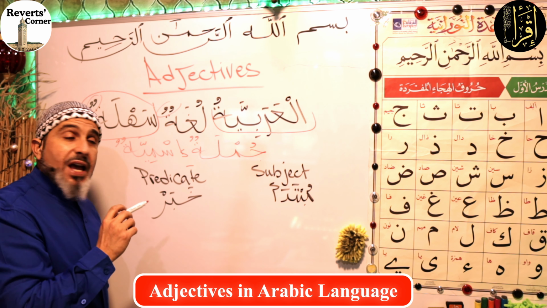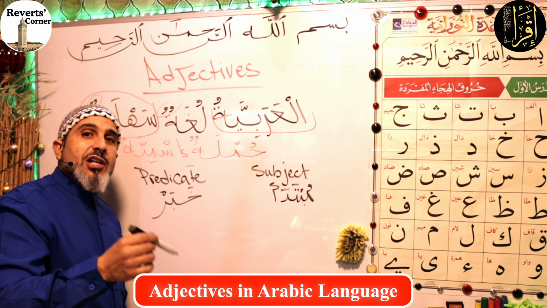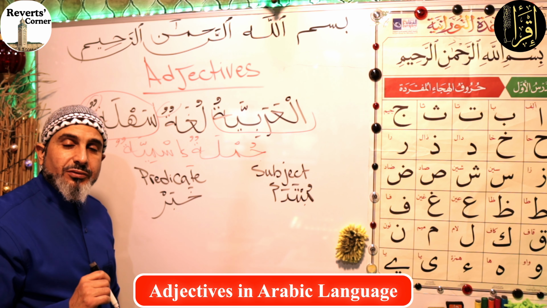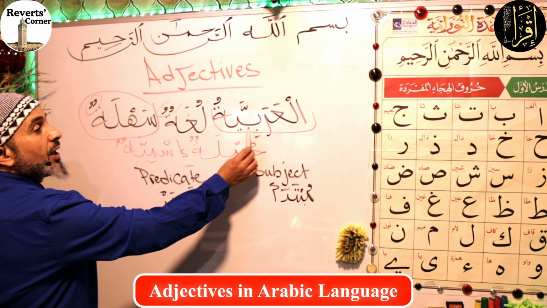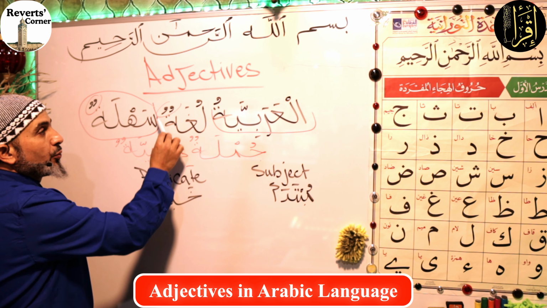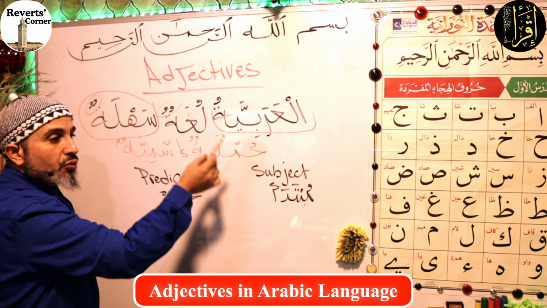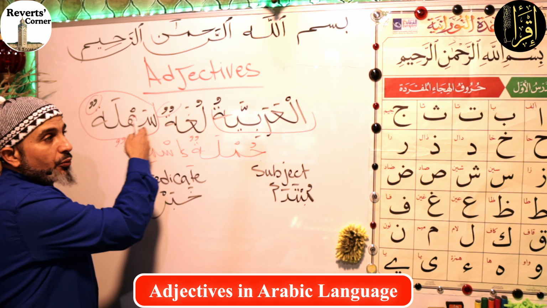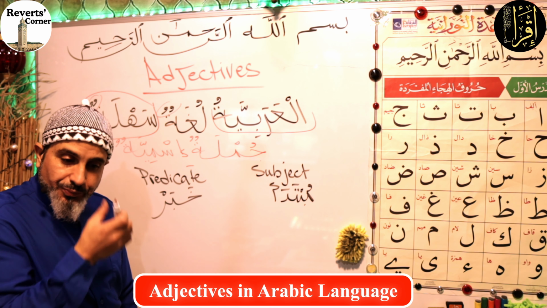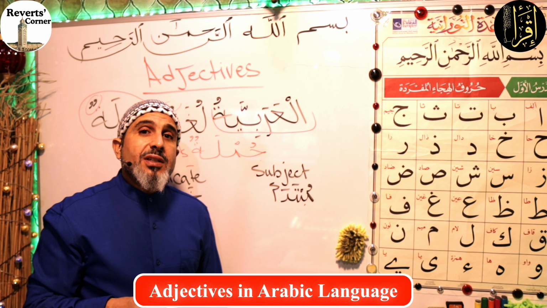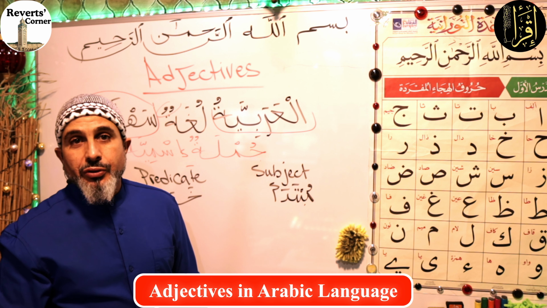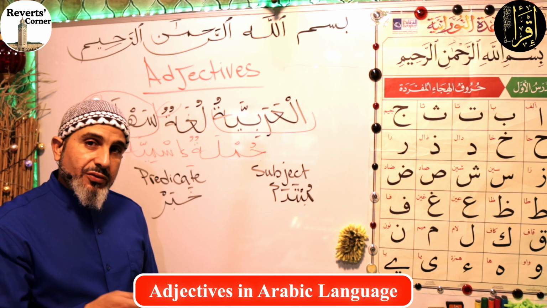Therefore, سهلة is the adjective, is the nat, the wasf. العربية لغة سهلة. The language is being described as easy. Which language? Is the Arab language, Arabic language. This sentence, like I said, it's called nominal sentence with nat and man'ut, all right, with wasf and mawsuf.